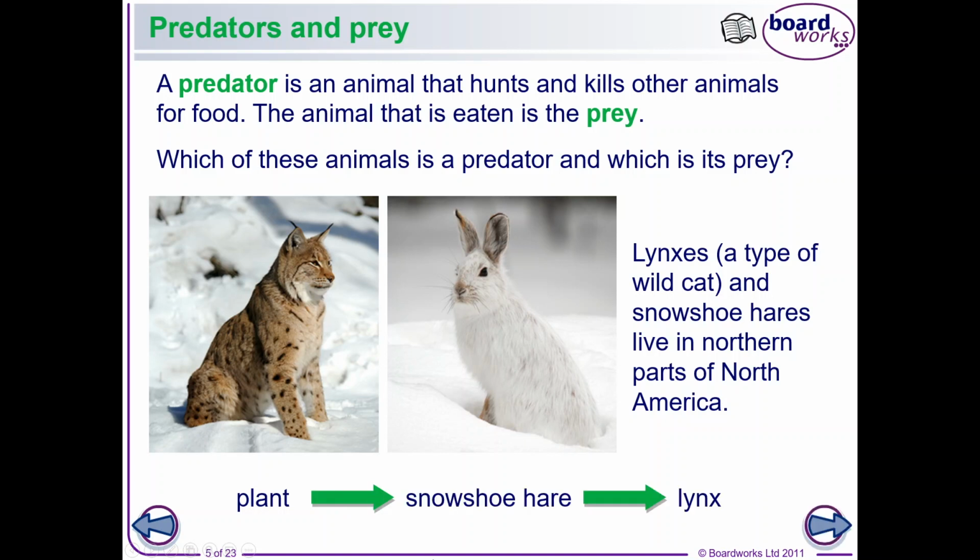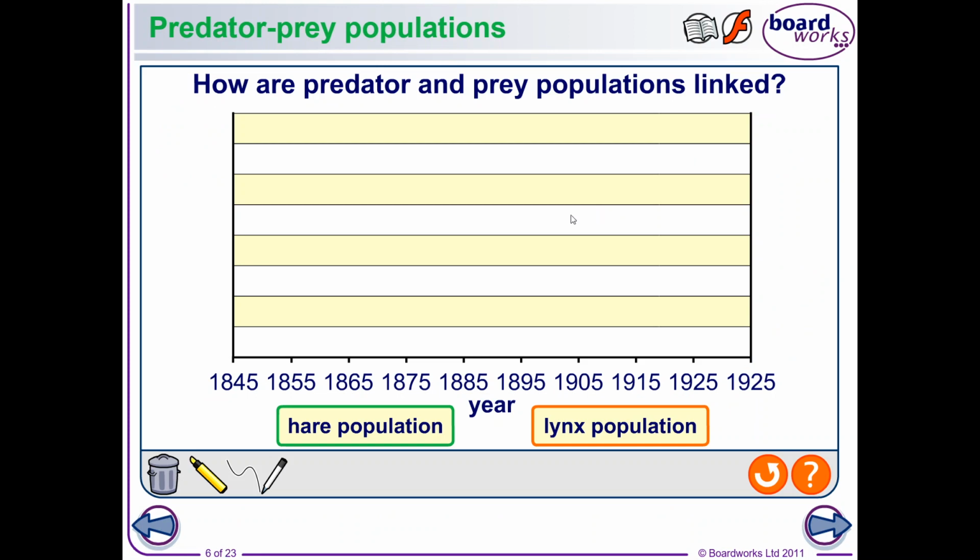So this is a typical food chain that these are involved in. So we have plant, going to snowshoe hare, and then lynx. And if we look at the populations of these two species, we can actually see how closely they are linked. So hares and lynx, like I said, found in America, and actually they've been recording the populations of these for years.